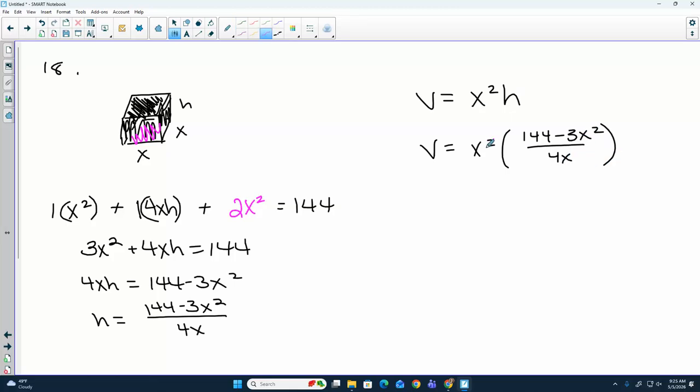And we can cancel 1 x out. I'm just going to go ahead and break this part. So 144 divided by 4 is 36 times x minus 3/4 x squared times x is x cubed.